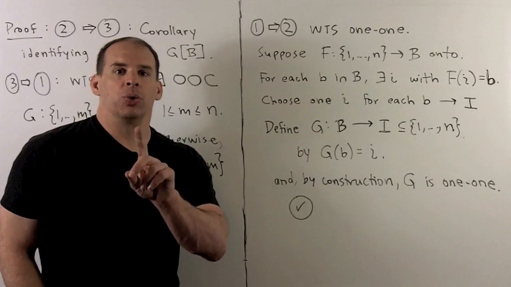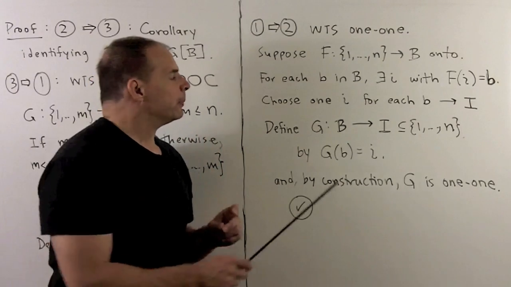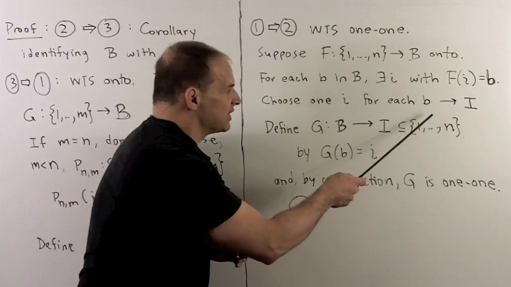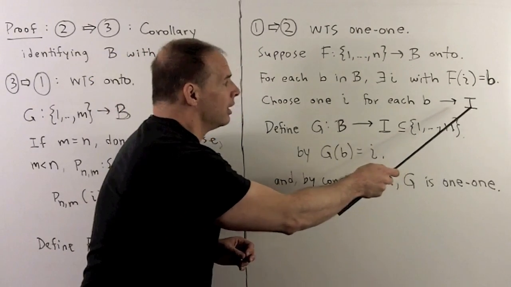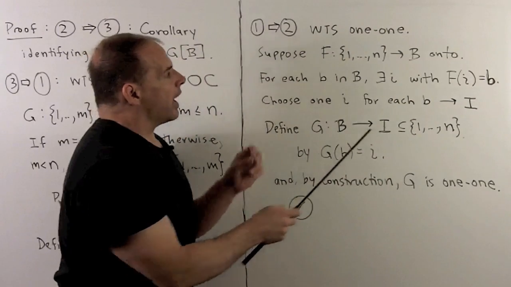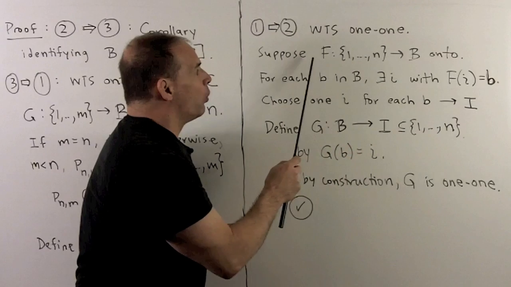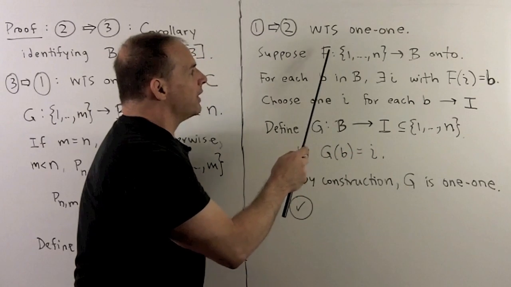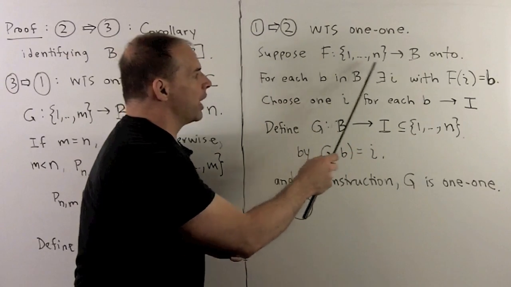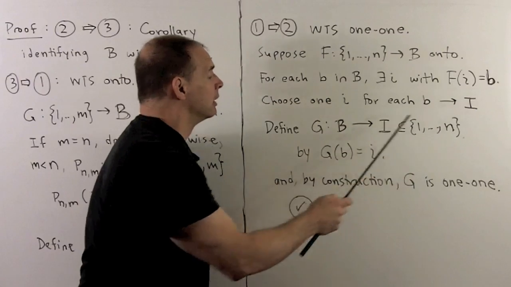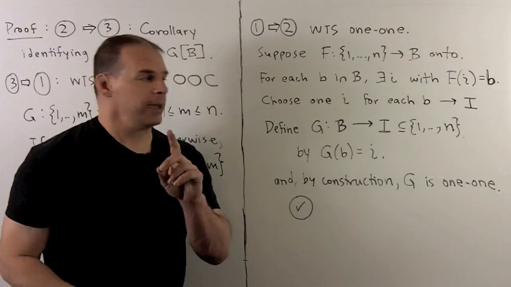So we're just going to choose one i that goes with each b, put them together, and we'll call that set I. Now, on I, we're going to have a map to B that's going to be 1-to-1 and onto. So we'll have an inverse map when we restrict to I. I'll call the inverse g.